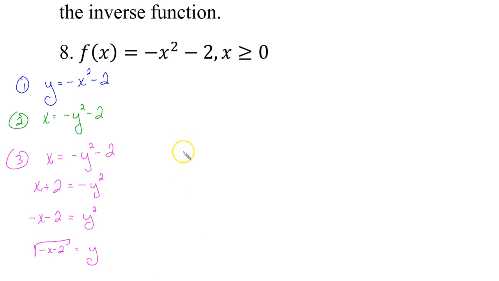And so my inverse function, f inverse, just using this notation, is the positive square root of negative x minus 2. Like I said, this means that the range for my inverse is everything positive. And so we don't have to do the plus or minus. We can just do the square root. Okay.